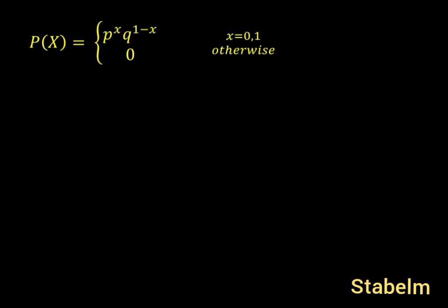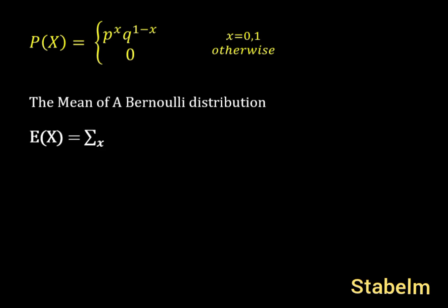First of all, we want to look at how to find the mean of a Bernoulli distribution. The mean of a distribution is given as E of x equals the summation, x runs from 0 to 1, of x multiplied by the probability mass function of the particular distribution.